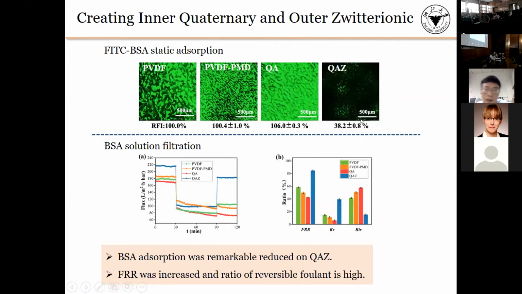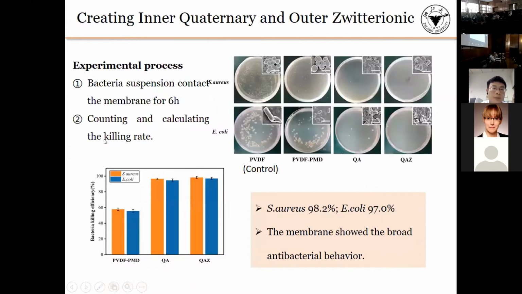Then we used the protein static adsorption experiment. We found that our final membrane has very low BSA adsorption, and we confirmed our results also by the filtration experiment.